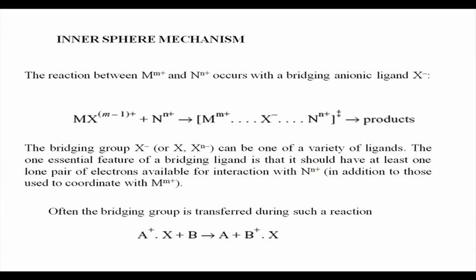Often a bridging group is transferred during such an electron transfer process. As I have given over here, A+ with X, initially coordinated, plus B. Then the electron is transferred from B to A, and X is transferred from A to B, thereby making A+ into A0 and B0 into B+X.